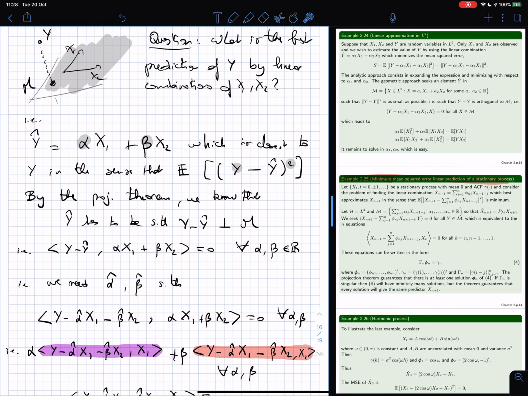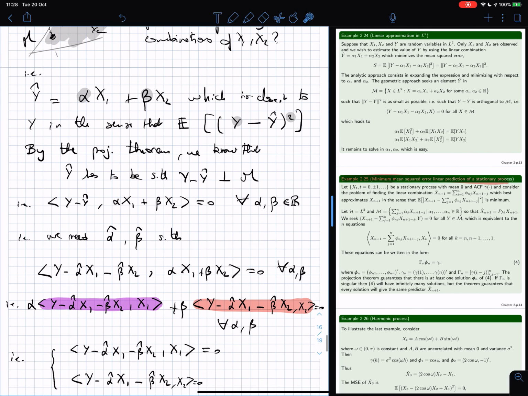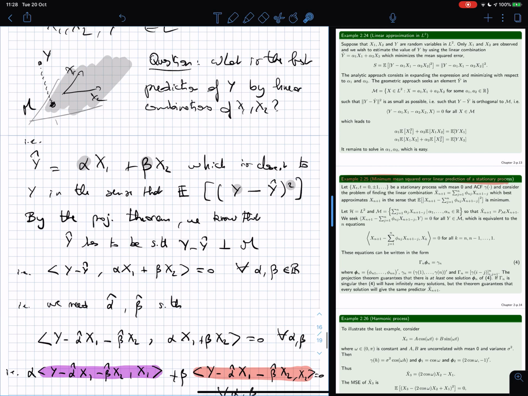There's many ways of doing this. We could be optimizing over alpha and beta, and we could be taking differentials, but we can also use the projection theorem, which says that in order for y hat to be closest to y, we have to have that y minus y hat is orthogonal to all linear combinations of x1 and x2.